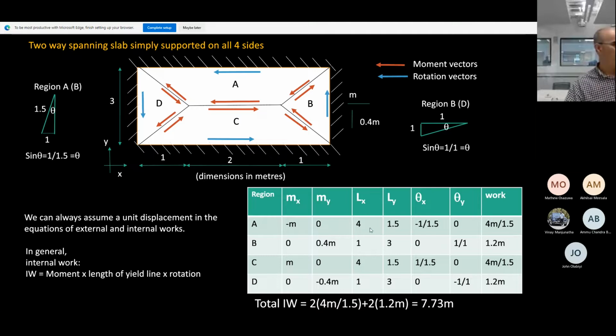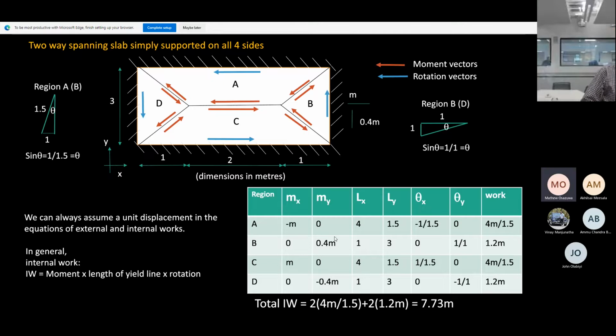Do you agree? Now, when you project this yield line on the y-axis, what does it give you? 1.5. So projecting the yield line on the x-axis is 4, on the y-axis is 1.5.